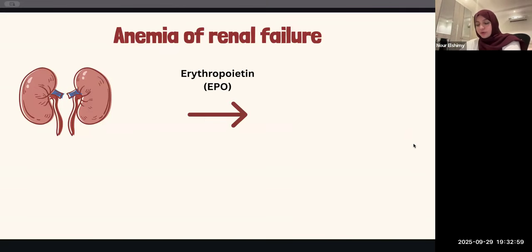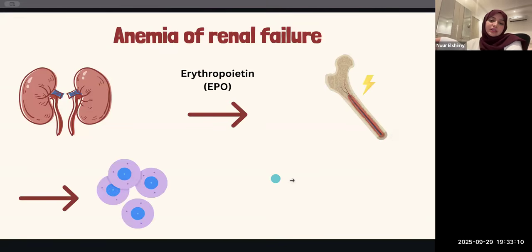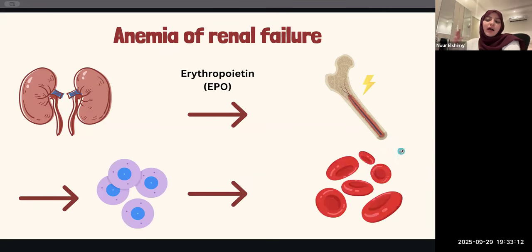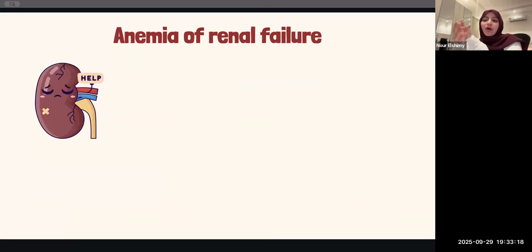So it goes to the bone marrow and it stimulates it, okay? So it wakes it up and it tells it, oh, we need more blood cells. Please start making new blood cells from stem cells. So the stem cells become red blood cells. This is how it is normally in our body, okay? Now, what happens when the kidneys are not functioning well?